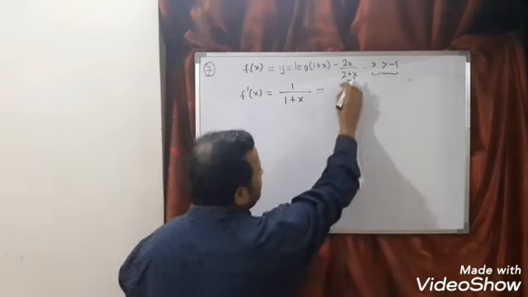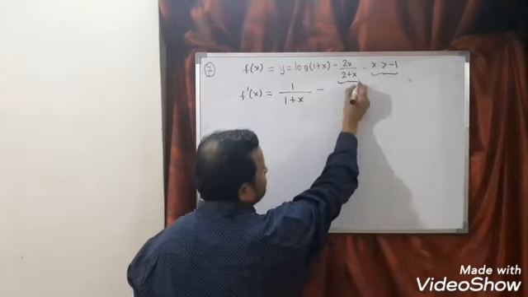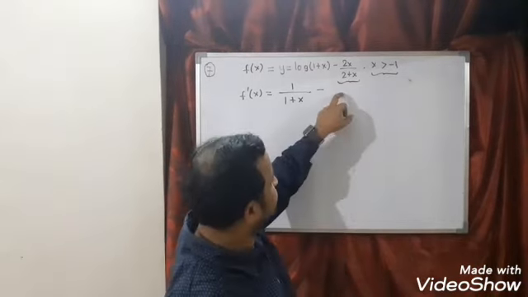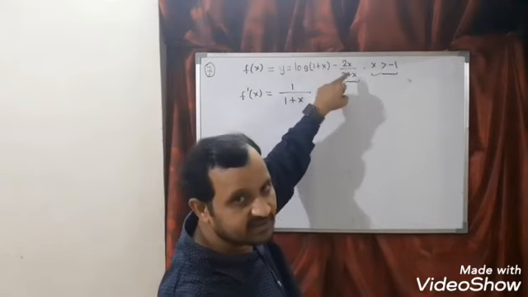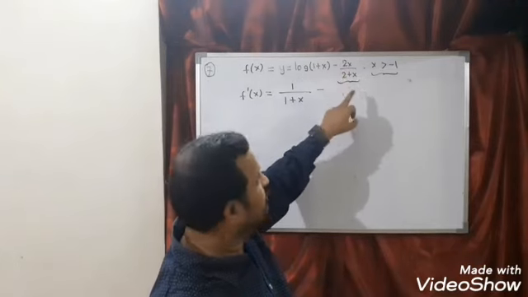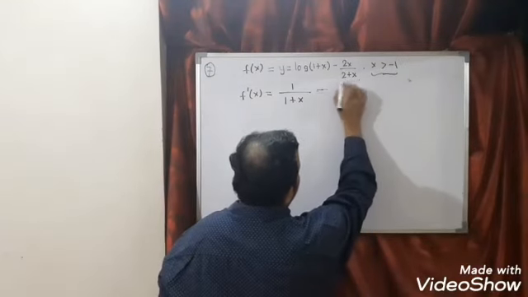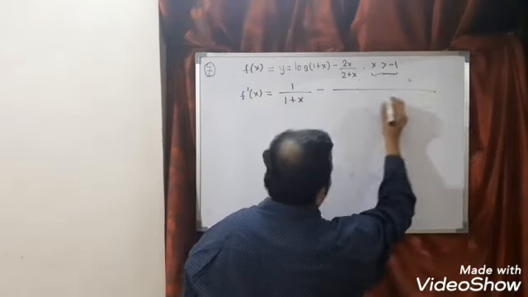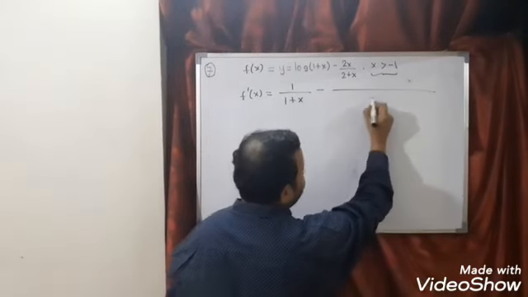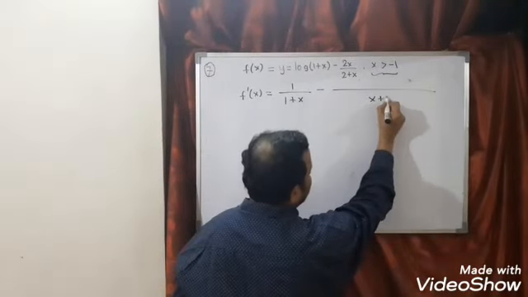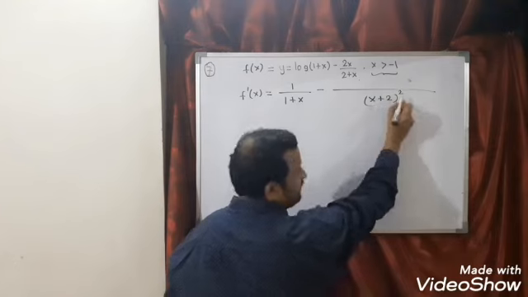Can somebody tell me how to differentiate this? So can I say that it is something like numerator divided by denominator? So apply the division rule. When you apply the division rule, what you will get? What is the division rule saying? Denominator square, so (x plus 2) whole square.